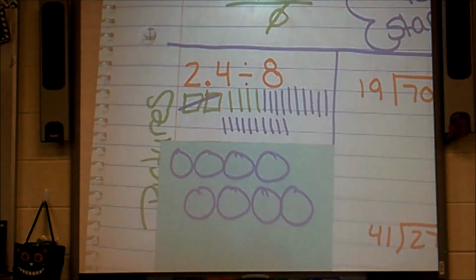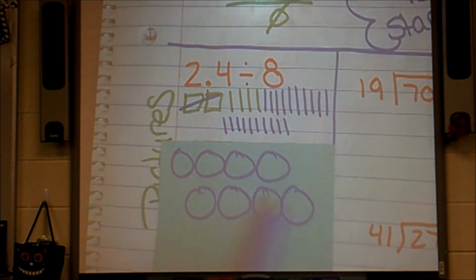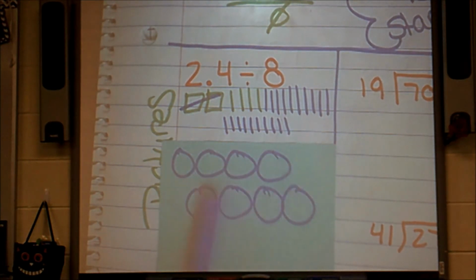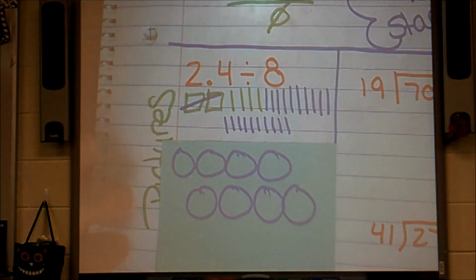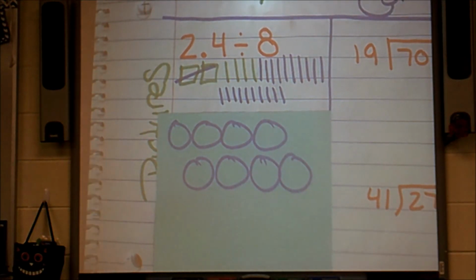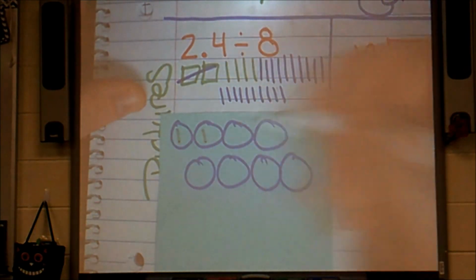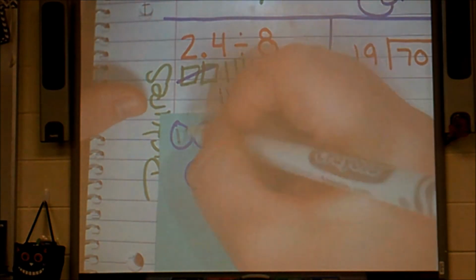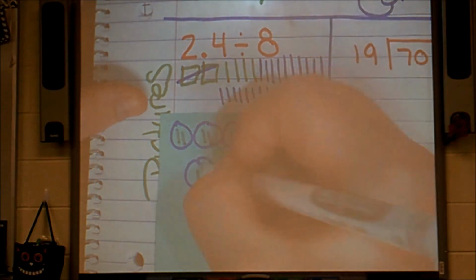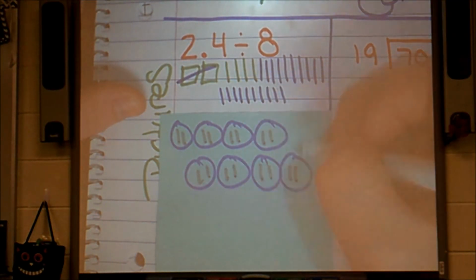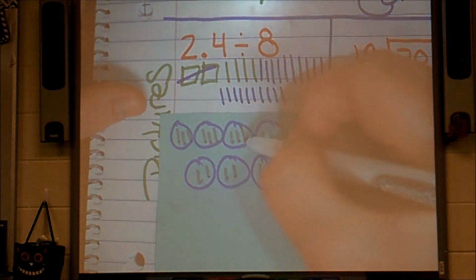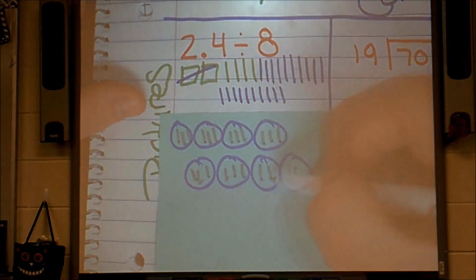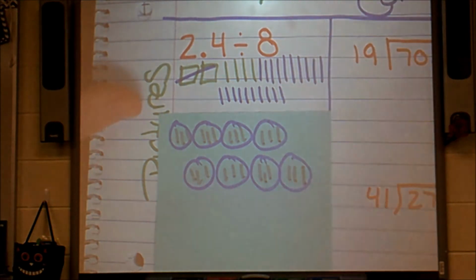And I'm going to share with my 8 friends here. So what I'm going to do is just like I did in 3rd grade, I'm going to count off, going through even, Steven, 1 by 1 until I hit 24/10. 1, 2, 3, 4, 5, 6, 7, 8, 9, 10, 11, 12, 13, 14, 15, 16, 17, 18, 19, 20, 21, 22, 23, 24.